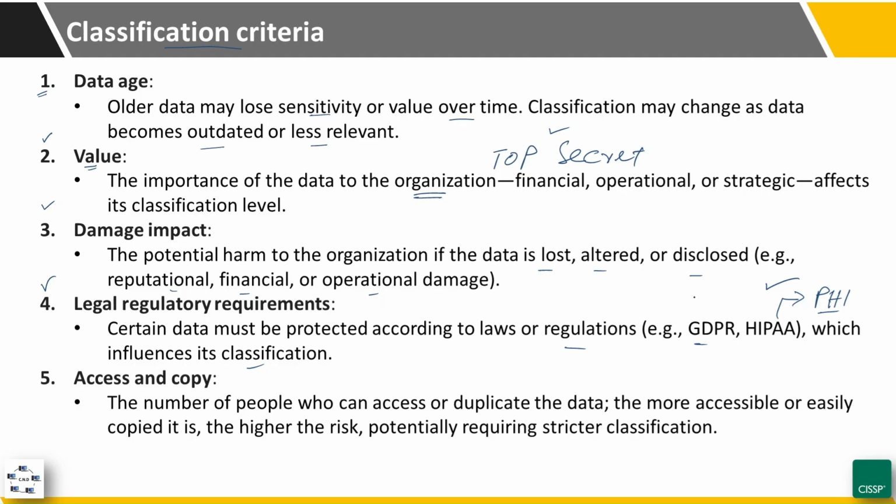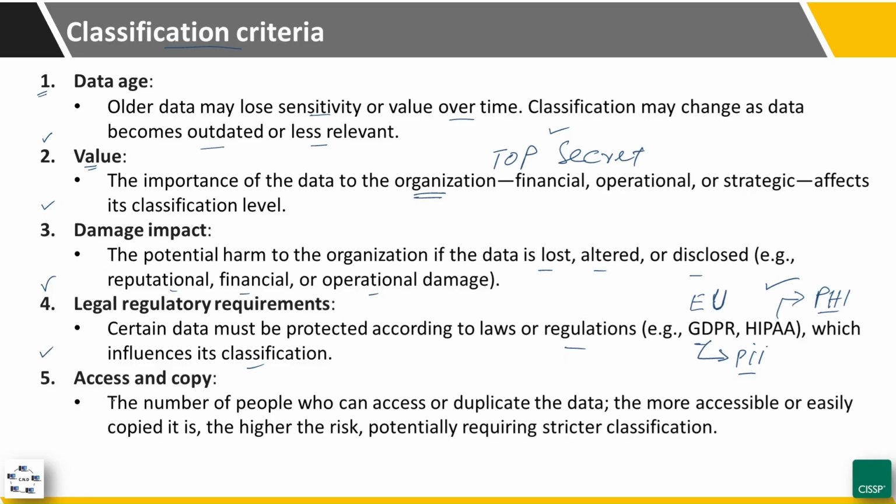Similarly, GDPR is an EU law, as we studied in our first domain. In the EU, citizens' private data, or PII, must be kept confidential and should not be disclosed to unauthorized users and organizations.